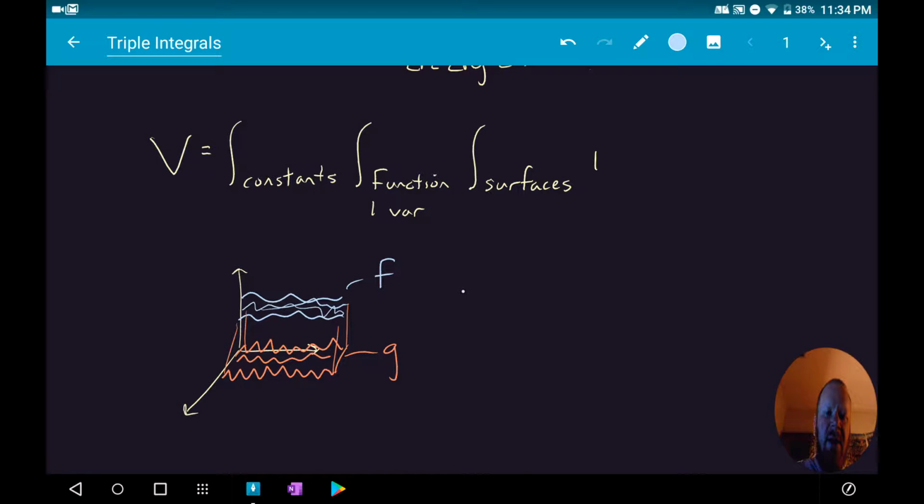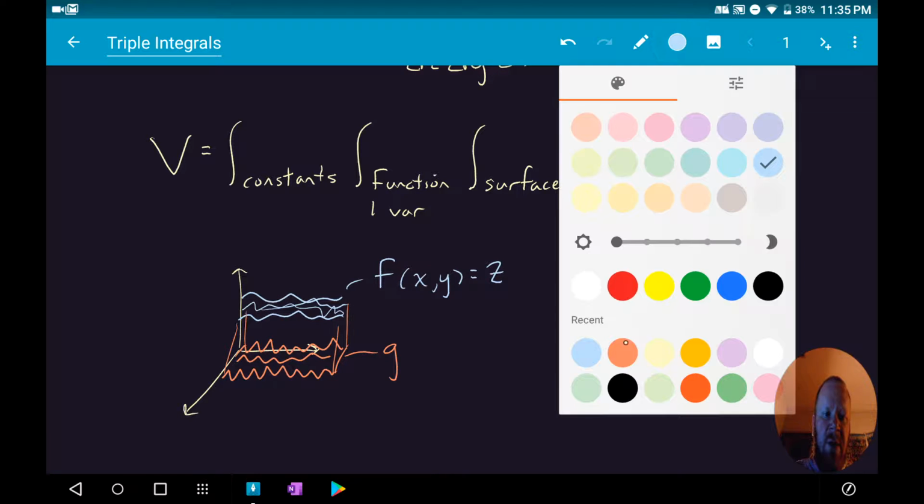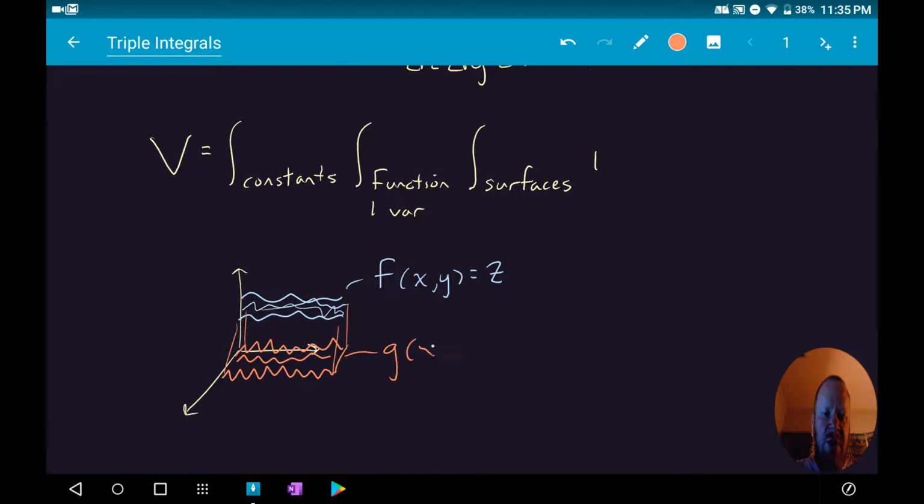These are both functions, presumably of x and y. That is to say, z equals some function of x and y, and for this one, g of x and y is also some function.